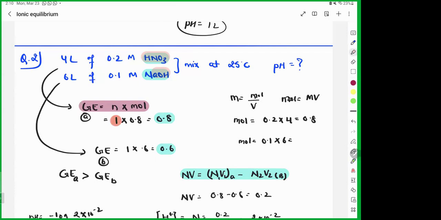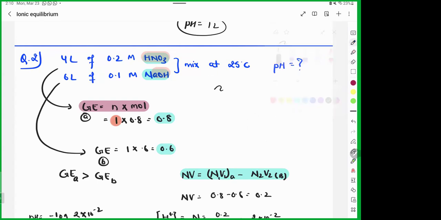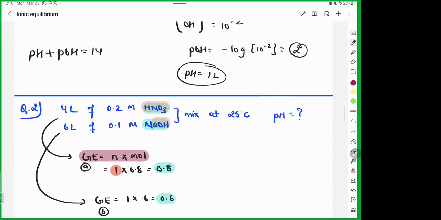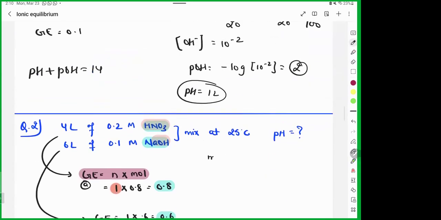Number of mole, I will write this thing again. We know that molarity M is equal to number of moles per unit volume.